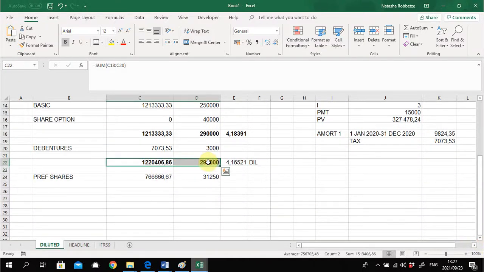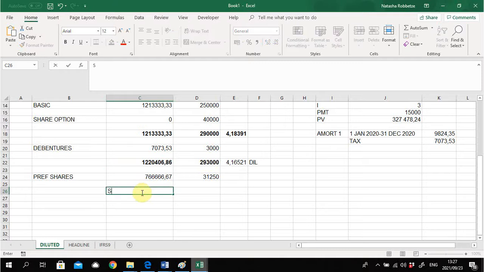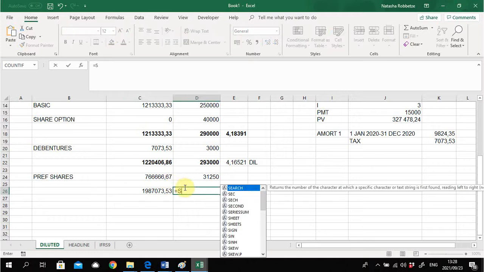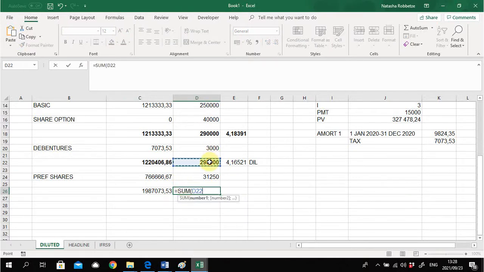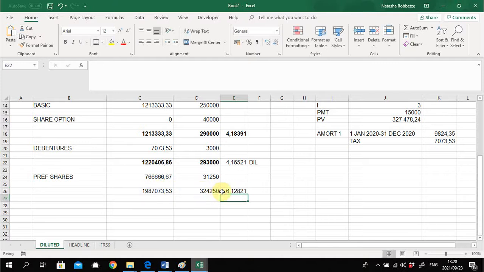I'm just putting the subtotals in bold. Right, and just the totals again, earnings divided by the shares, and you can see it says 6.12. So between the debentures and the preference shares, there's an increase, so it's anti-dilutive.